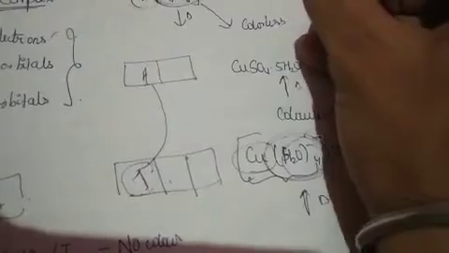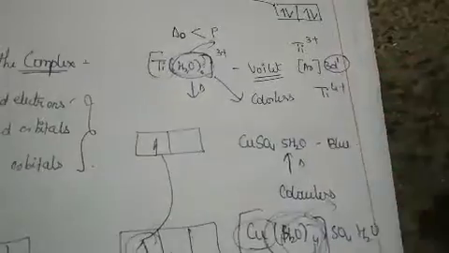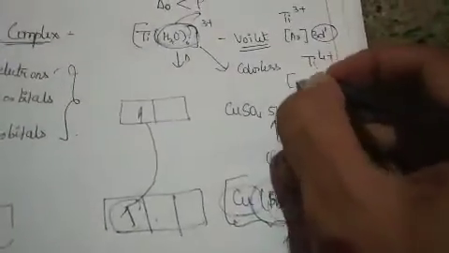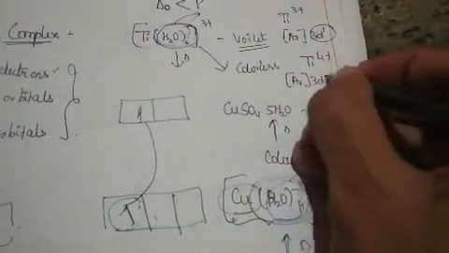For example, take the same example, Ti3+. It has the configuration [Ar] 3d1. That is the reason that in the presence of 6 water molecules, it is violet in color. But if I choose Ti4+, what happens? It is [Ar] 3d0.